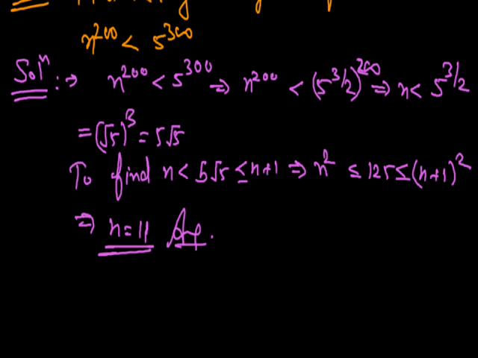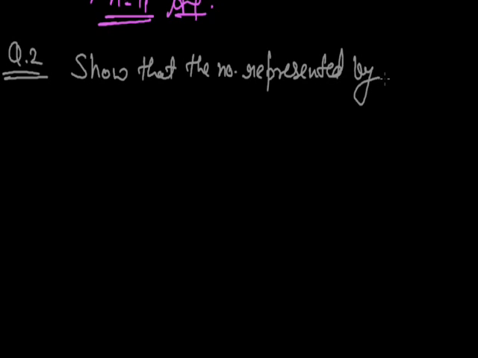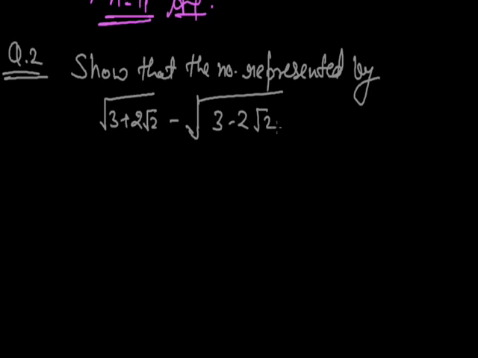Question number 2. Show that the number represented by square root of 3 plus 2 root 2 minus square root of 3 minus 2 root 2 is an integer.